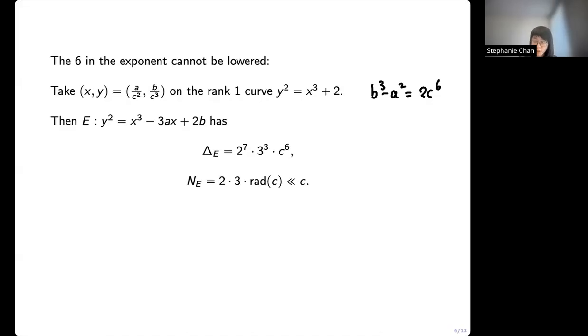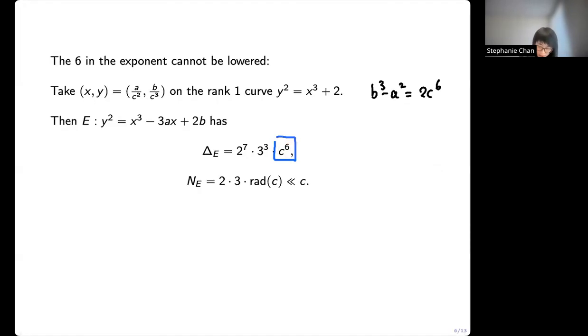And because of how we've constructed these points, the polynomial that defines the discriminant would lead you to this very high power, c to the 6. So you have a high exponent here that's 6, and the conductor is just some constant times the radical of c.